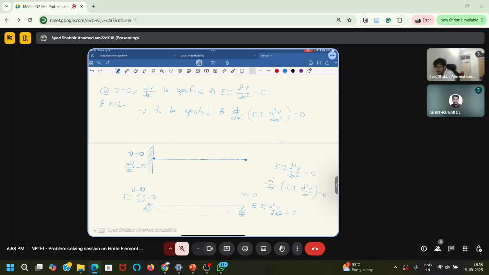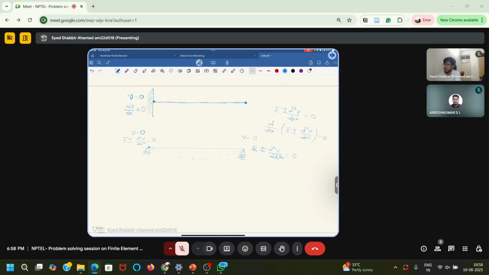At each boundary, we should have two boundary conditions depending upon the structure. For our structure, the cantilever beam, v and slope will be 0 at x equals 0, and bending moment and shear force will be 0 at the free end. That's what we'll get.